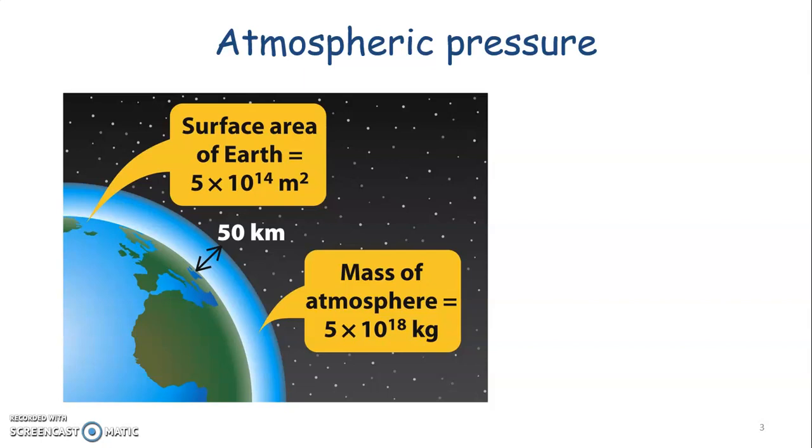And if we take the surface area of the Earth, that's about 5 times 10 to the 14th square meters, and we take the mass of the atmosphere, which is about 5 times 10 to the 18th kilograms, we can see that that gives us a mass per square meter of 10,000 kilograms per square meter.